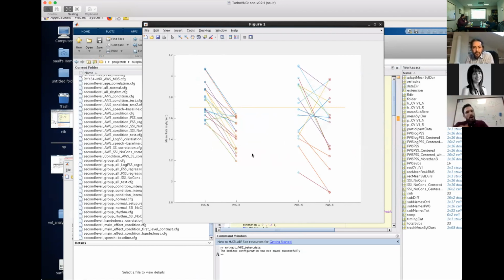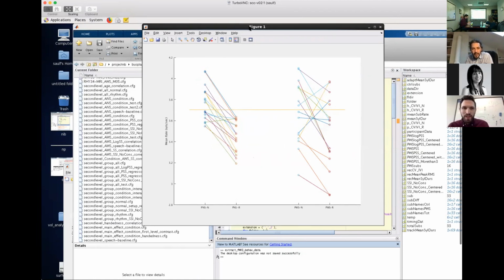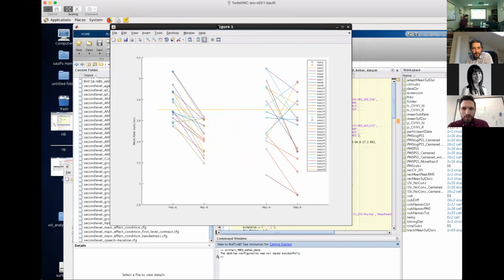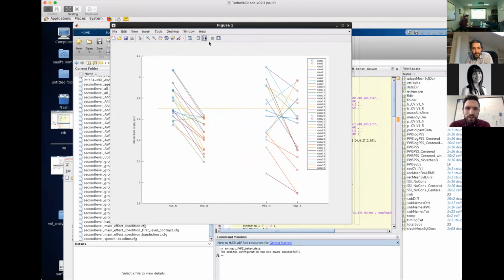So if I wanted to control for speaking rate in the second level design, I was trying to think of the best way to do this.